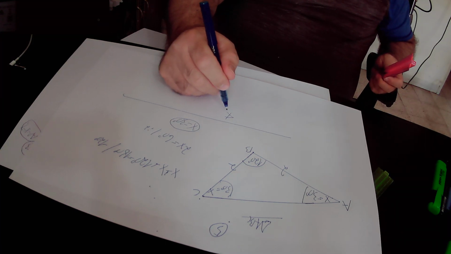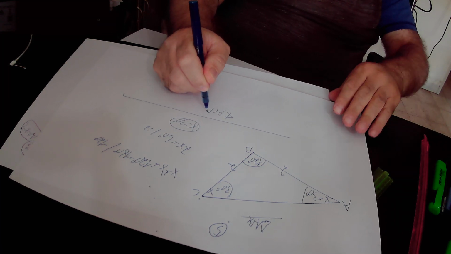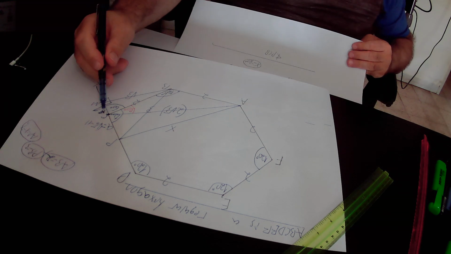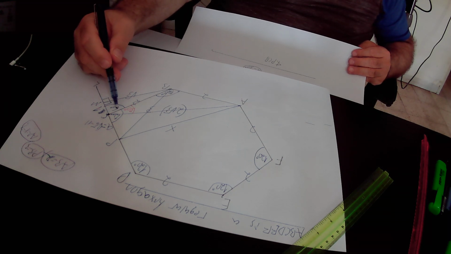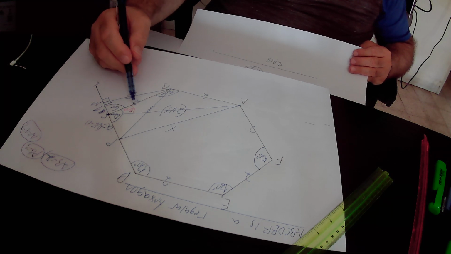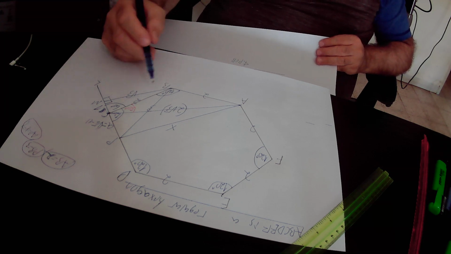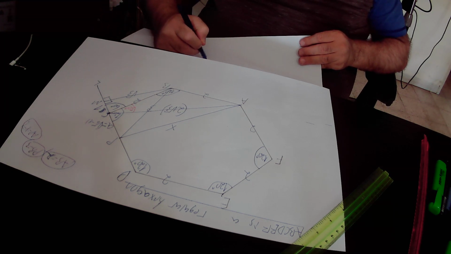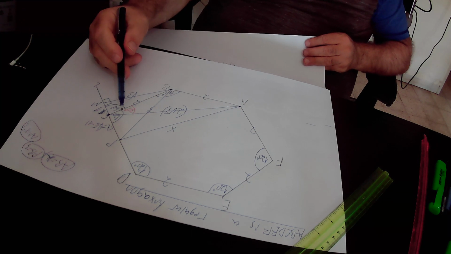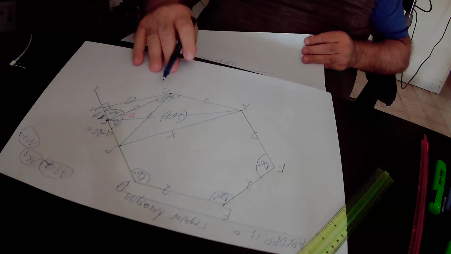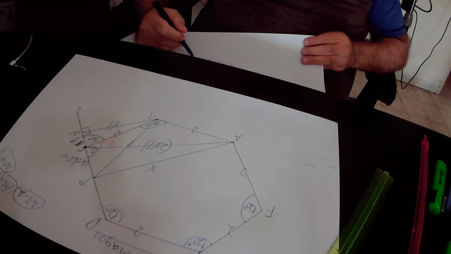The big angle PCB, this angle PCB, this is equal to 120 degrees, minus the small angle ACB, that is equal to 30 degrees, will be equal to the missing angle, this angle PCA.